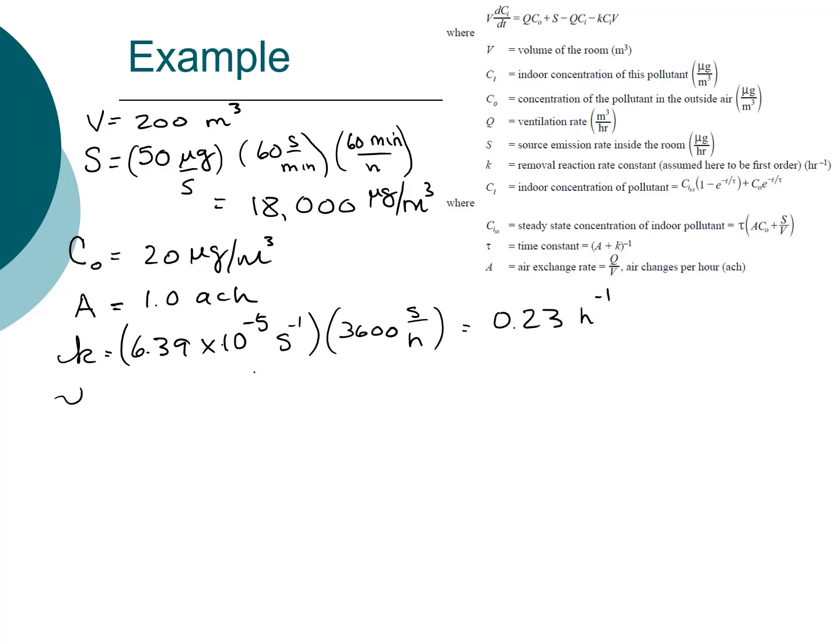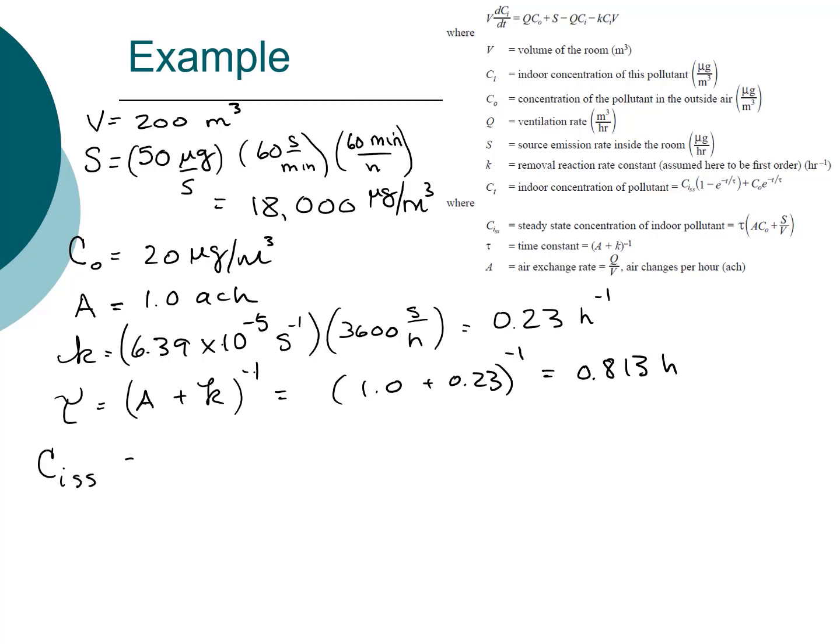The first calculation we need to do is to determine tau, and that is equal to (A plus K) to the minus 1. So that is equal to 1.0 plus 0.23, taken inverse of that sum, and that is equal to 0.813 hours.